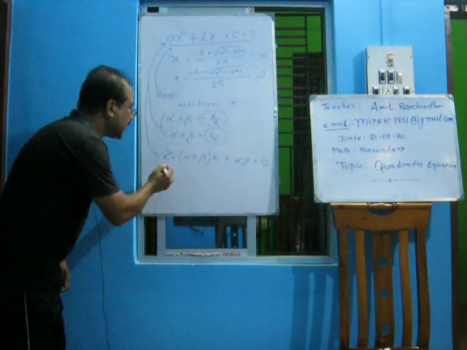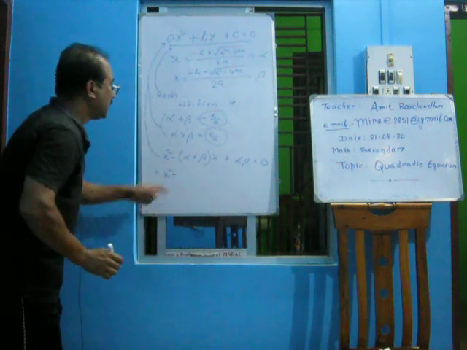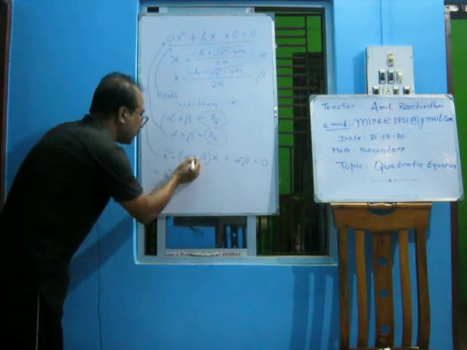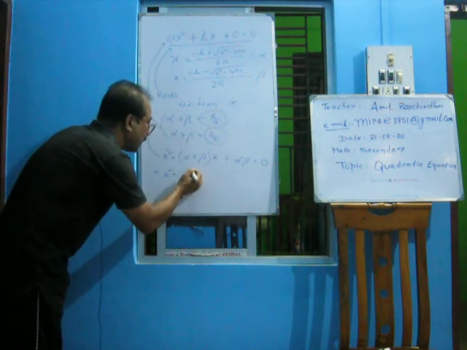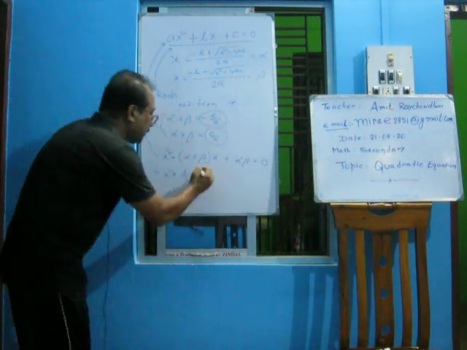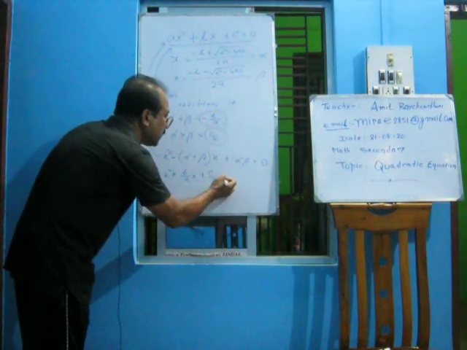How? x square minus alpha plus beta means minus b by a. Just putting minus b by a, it will be plus b by a into x, right? Plus alpha beta, which is c by a, equal to 0.